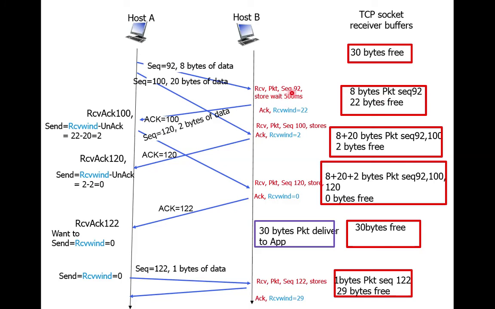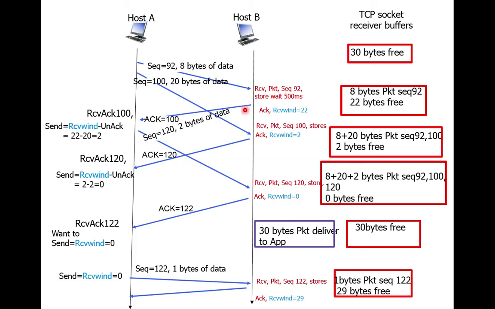So this packet with sequence number 92 is 8 bytes. 30 bytes free space was available, now 8 bytes are occupied by the packet with sequence number 92, so 22 bytes free space is available. Now suppose this 500 millisecond time has expired. So host B will send the acknowledgement. The acknowledgement for this packet will be acknowledgement 100.